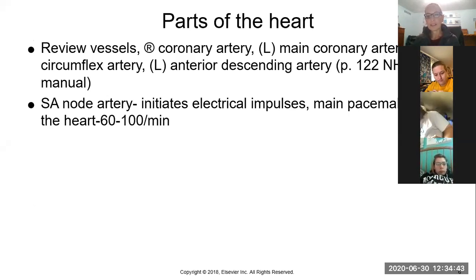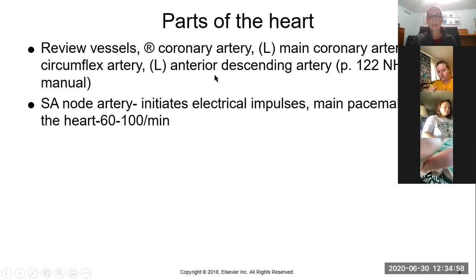I'm not going to go into detail too much about that, but just review the vessels, like the coronary artery, the main left and right main arteries, and the ascending and descending of that. So make sure you look on 122 and look at those.